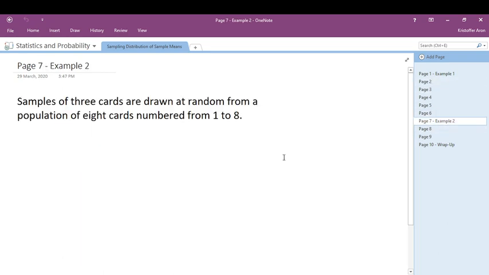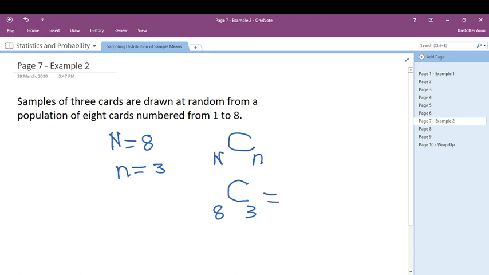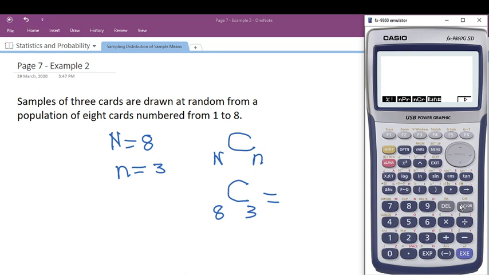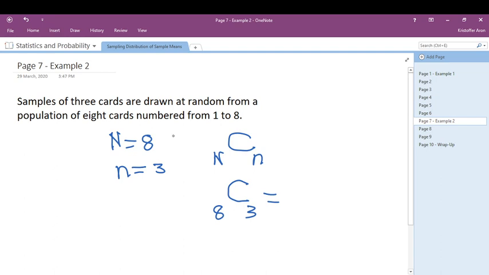Let's have another example. Samples of 3 cards are drawn at random from a population of 8 cards numbered 1 to 8. So our population capital N is equal to 8 and our small n, which is the sample size, is equal to 3. If we're going to use the formula, that should be the combination of capital N taken n, which is the combination of 8 taken 3, and using our calculator, that's 56. That's a lot.